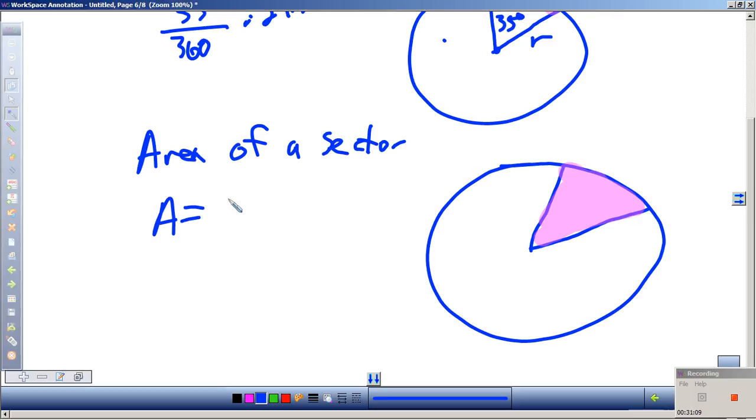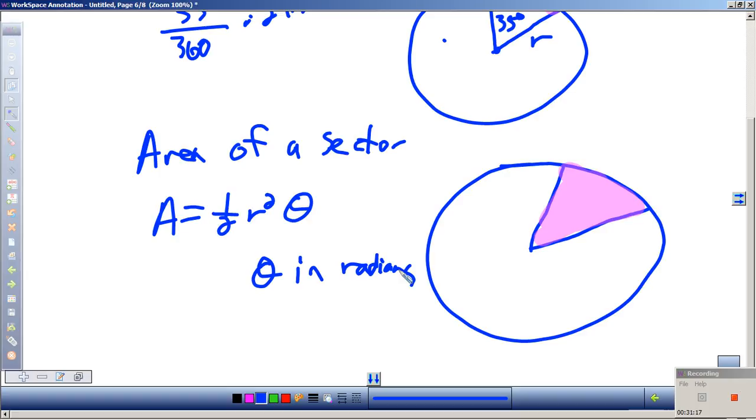So A equals 1/2 r squared theta, with theta in radians. Those are the last big type of problem or equation.